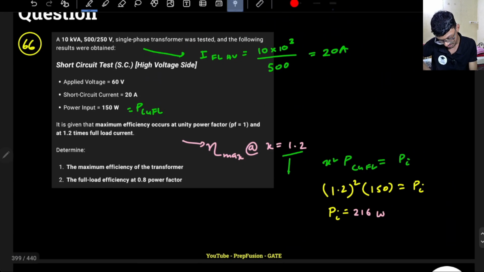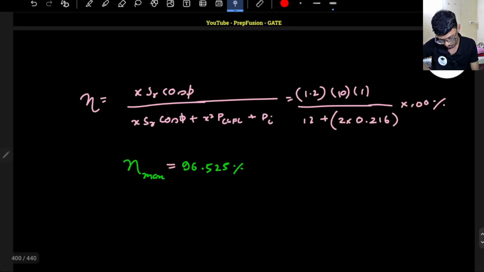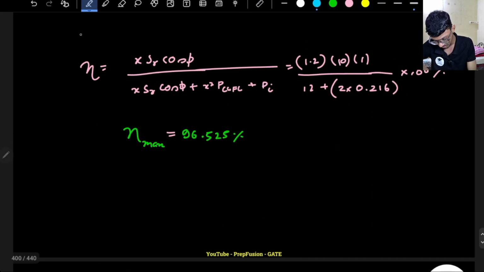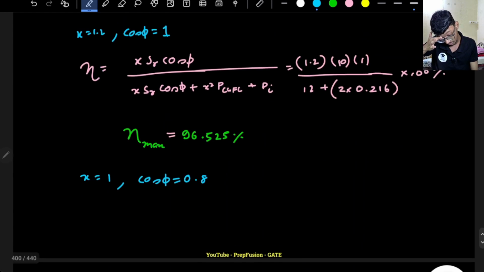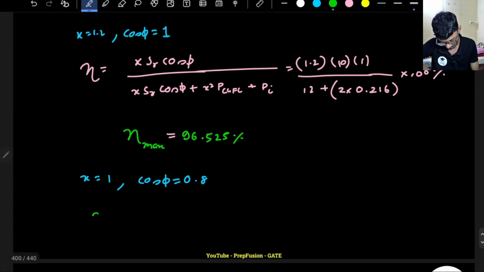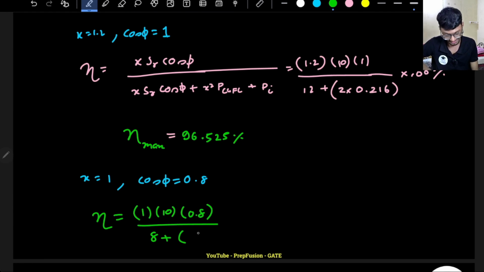Now they are asking for the efficiency at 0.8 power factor at full load. Full load means x is 1, and cos phi is 0.8. So this will be x is 1 into SR is 10 into cos phi 0.8, which is 8, divided by 8 plus x square PCUFL.